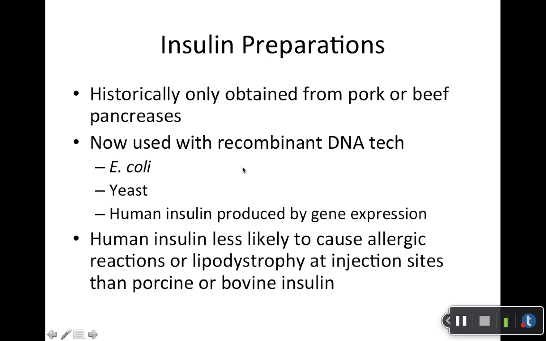But now they use recombinant DNA technology, and these are a lot better products. They're more consistent, they're more predictable, they have better profiles as far as how they're absorbed and what effect they have. Historically the animal-based products were more erratic as far as absorption and effect, so it was kind of a pain for patients.